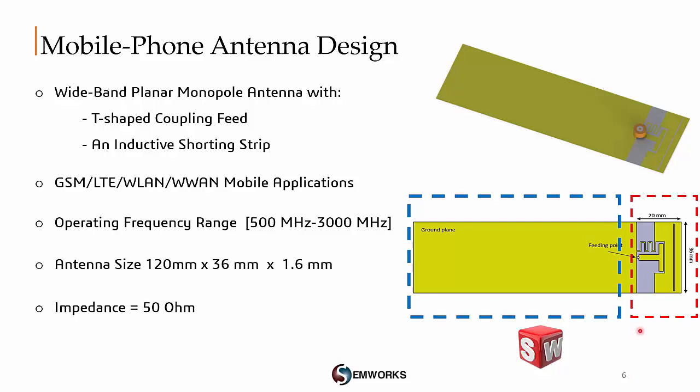It is fed with a 50 ohm coaxial cable, as you can see here in our design, and the active part of it occupies a small size of the whole design. It is printed on the top and grounded portion of the circuit board with a T-shaped coupling feed and an inductive shorting strip, and the rest of it will be used as a ground plane. The CAD part is done using SolidWorks.